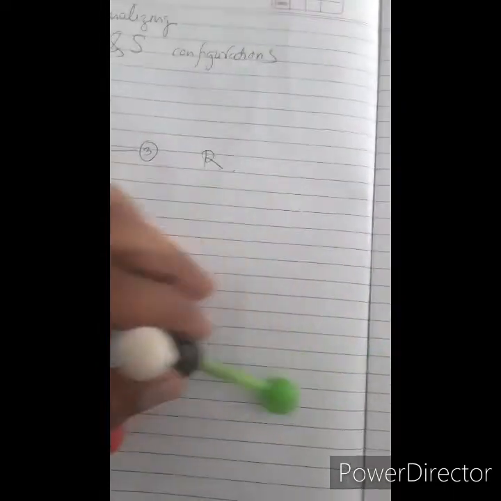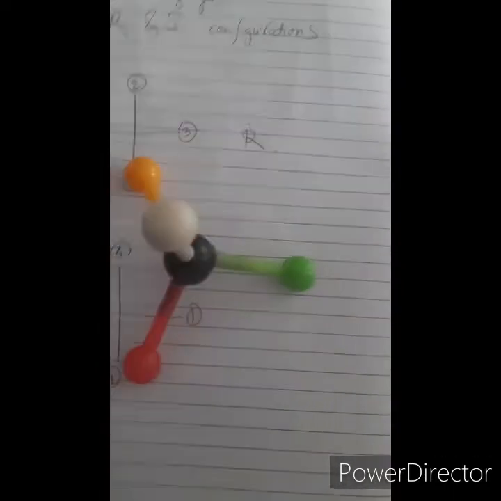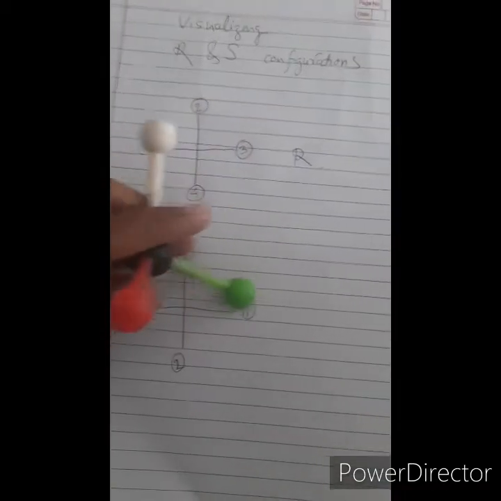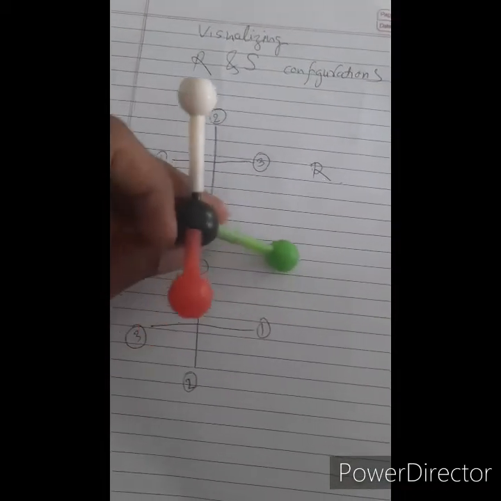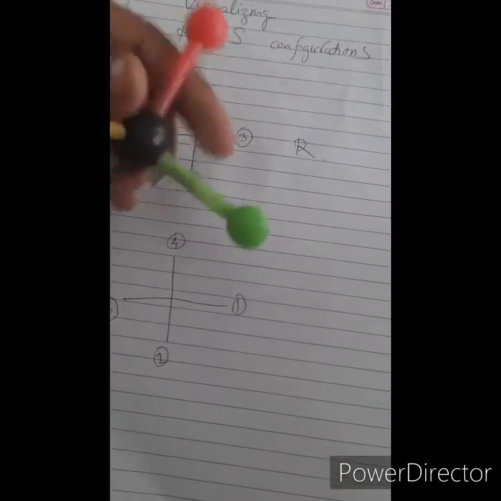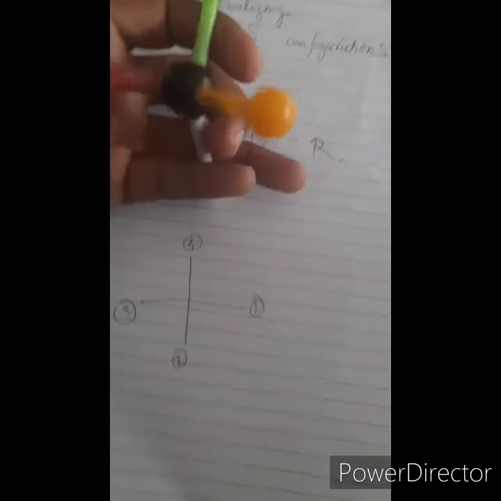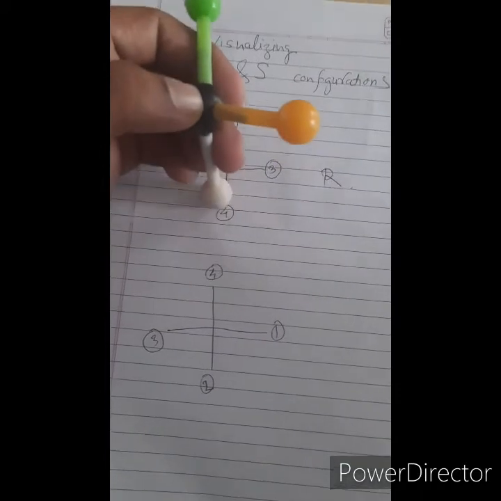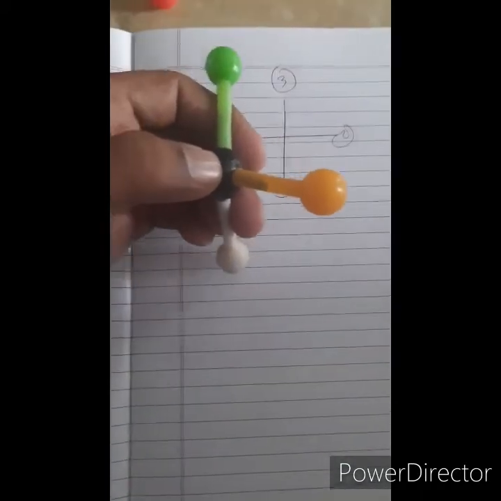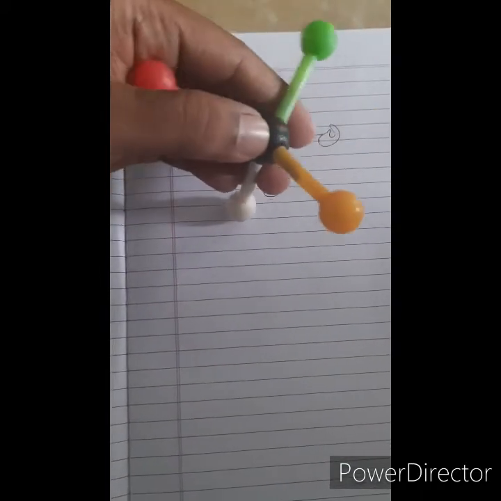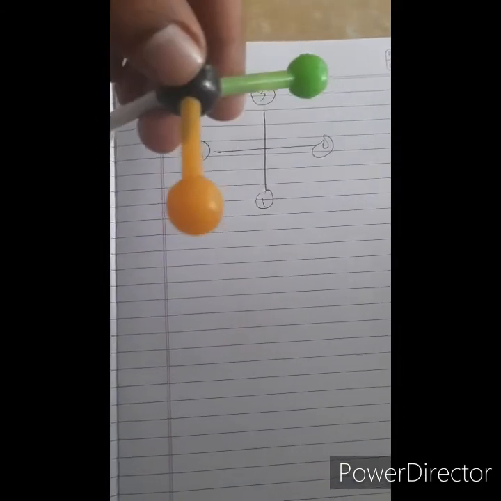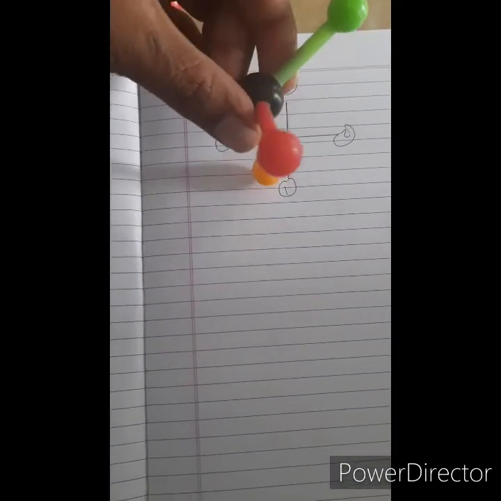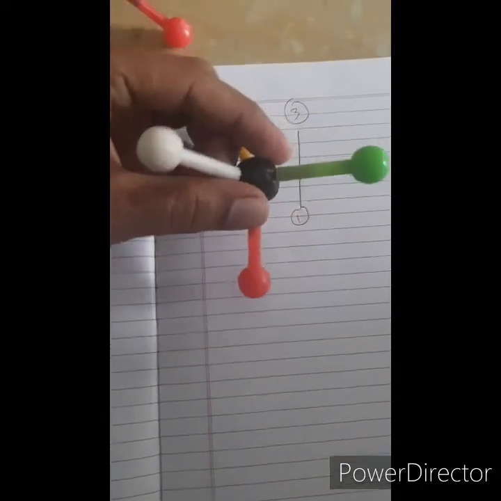So why did this happen? Because of how the molecule is seen in the Fischer projection. Here we saw like this, the least priority group is below, and here the least priority group is on the left side, but this is not proper, so we change like this.